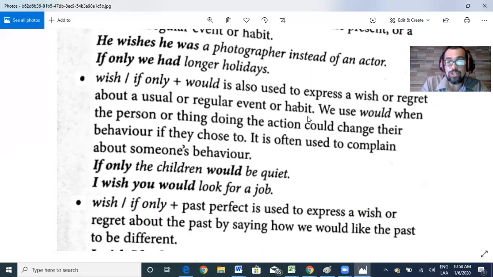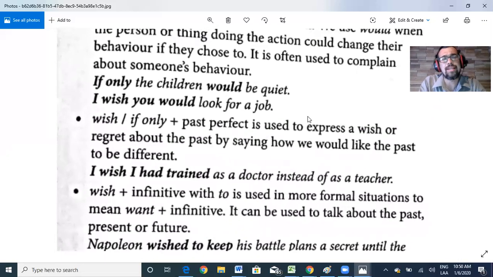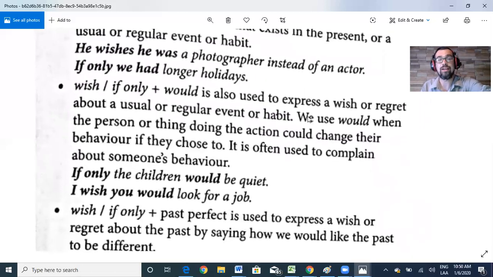It is often used to complain about someone's behavior also. Let's see some examples. If only the children would be quiet. It's just something that we are expressing, right? And we can even change it, right? If the children just are quiet, then we can change that.